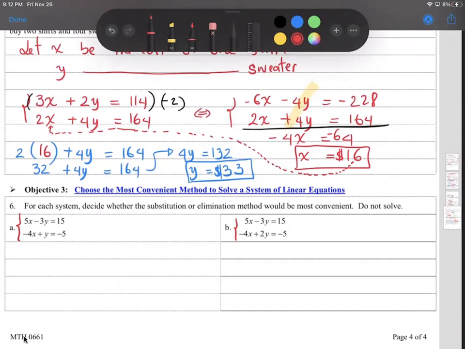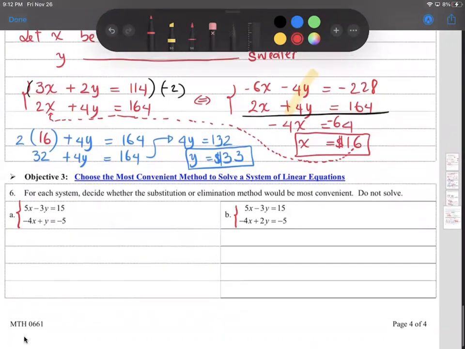If they say use any method you want, then go ahead, even graphing. But I would avoid graphing because sometimes if you have a fraction solution, it's not very wise to use the graphing method.